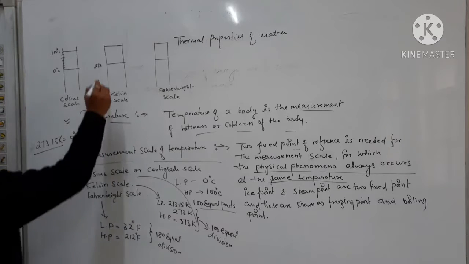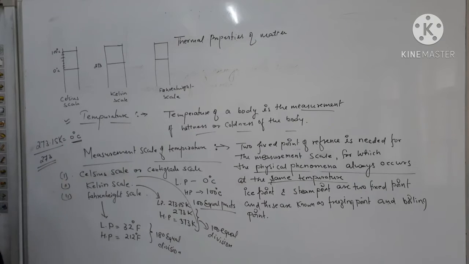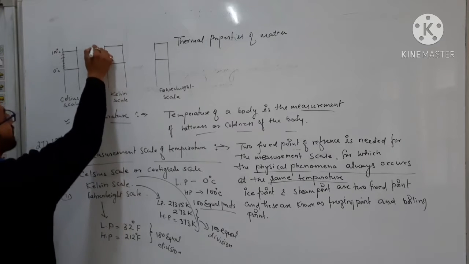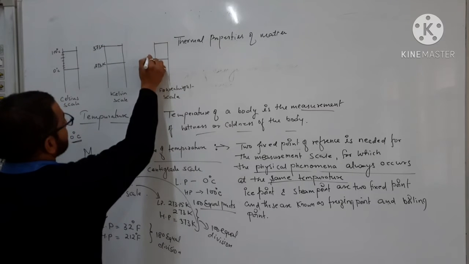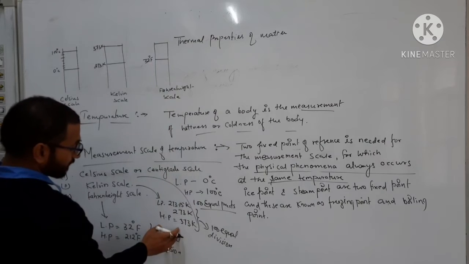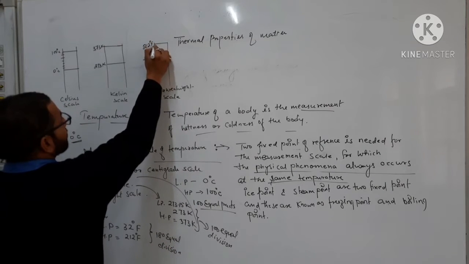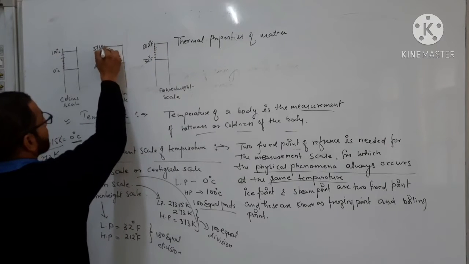Numerically, generally in place of 273.15 we will use 273 Kelvin. So the freezing point is 273 and the boiling point is 373 Kelvin. For the Fahrenheit scale, it is 32 degree Fahrenheit as I have written here, and this one is 212 degree Fahrenheit, and in between them 180 equal parts are there, and for the Celsius scale 100 parts are there.